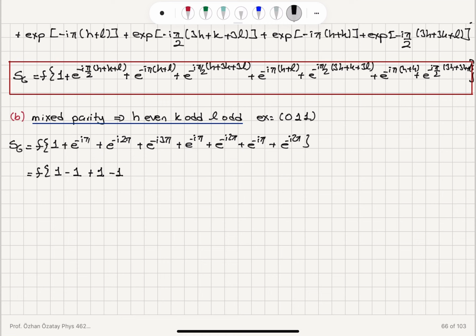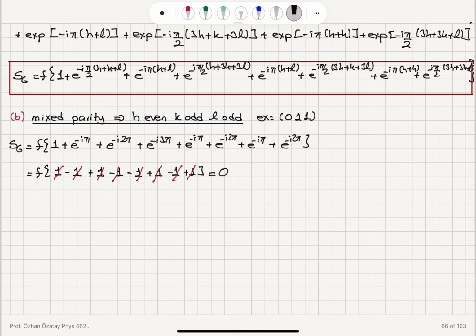Cosine pi gives us another minus 1. e to the minus i 2 pi gives us a plus 1. e to the minus i pi gives us a minus 1. And e to the minus i 2 pi gives us a plus 1. So let's see here. This cancels with this. This cancels with this. This cancels with this. This cancels with this. And we're left with a geometrical structure factor of 0.